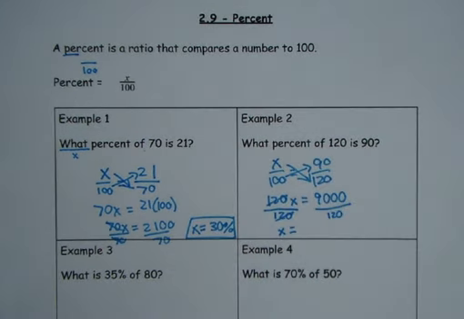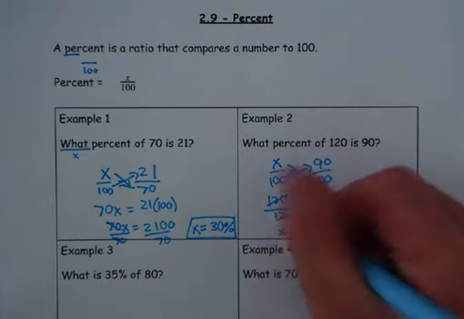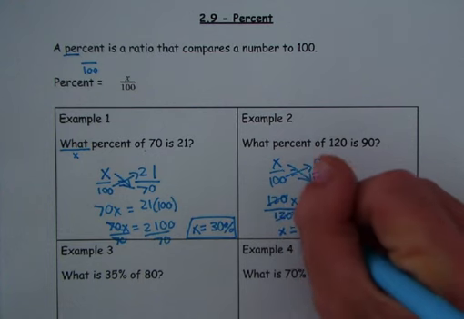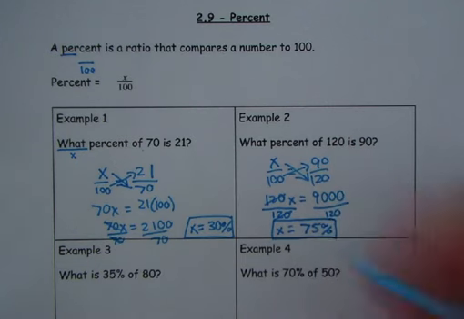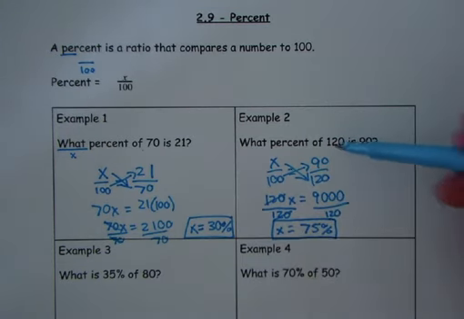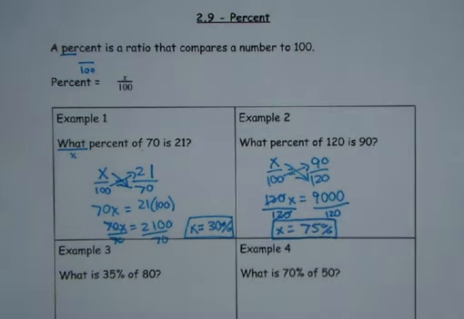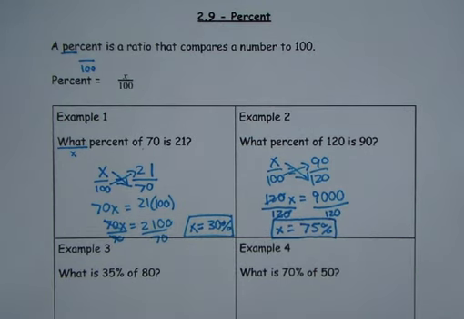X equals 9,000 divided by 120. Now, if we check the calculator, 9,000 divided by 120 equals 75. It's going to be 75%, or 3/4. Now, if I just look at this, 90 out of 120, divided by 30s, there's 4 30s. You're going to see 90 over 120 is going to be 75%, but that's the way that you would solve it using proportions.